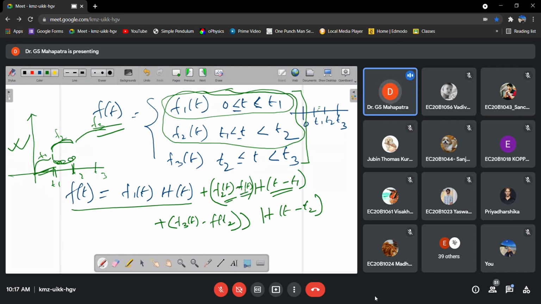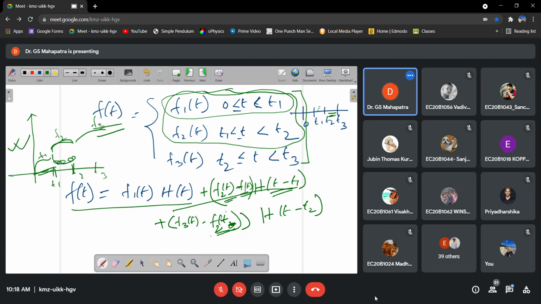That's why minus F1. In the third case, only F3 should be there. There is no chance of F1, so only minus F2 for t greater than T2, less than T2. Since the others are already discarded, only for this case you have to think. That means that is f(t), F3 minus F2. Oh sorry, I have written it wrong, that will be F2.